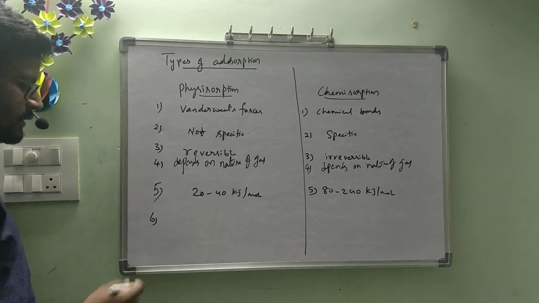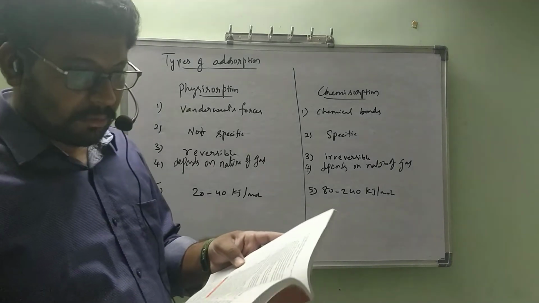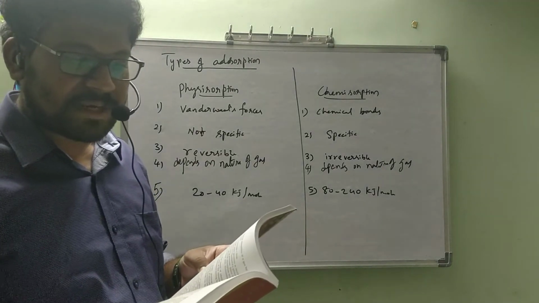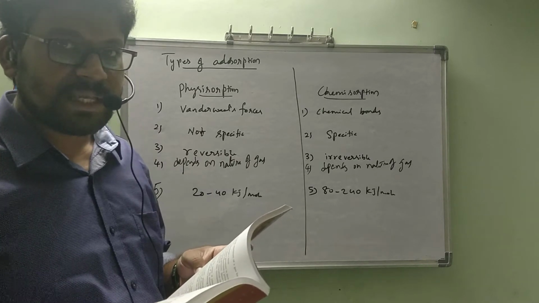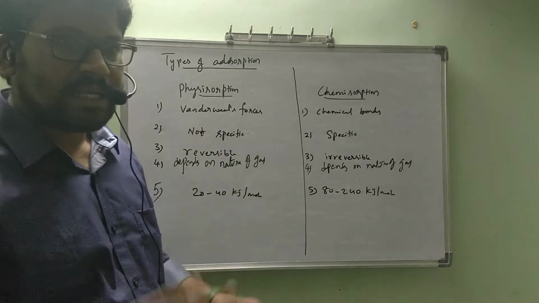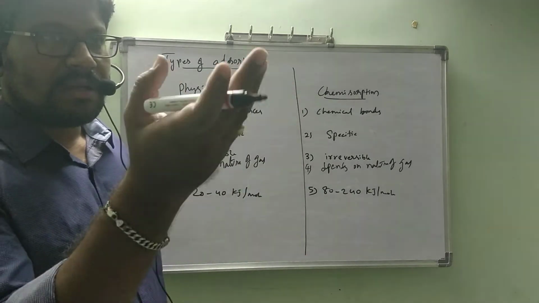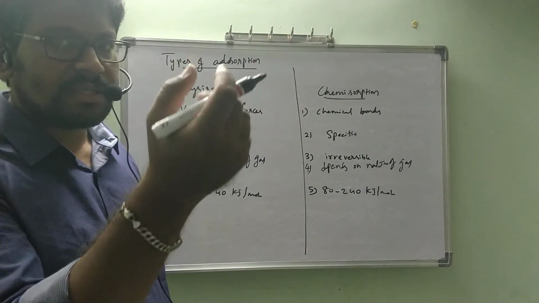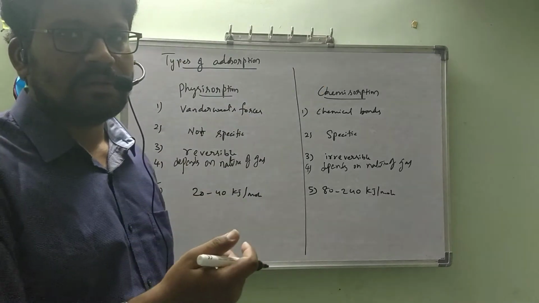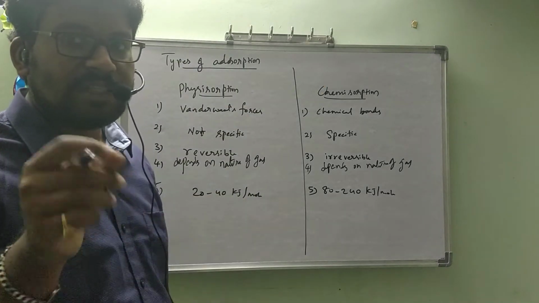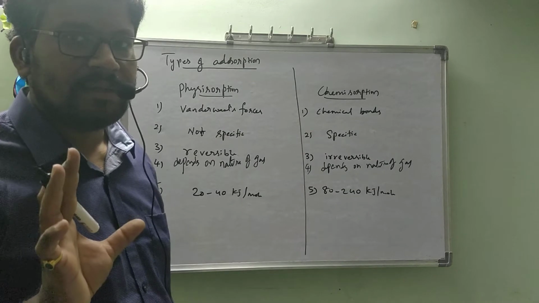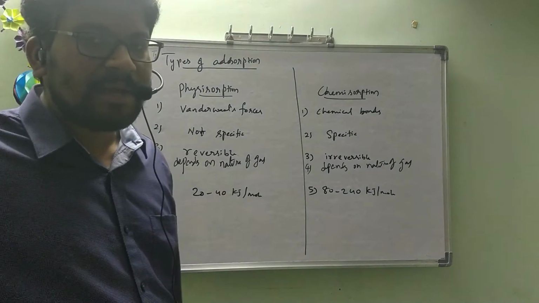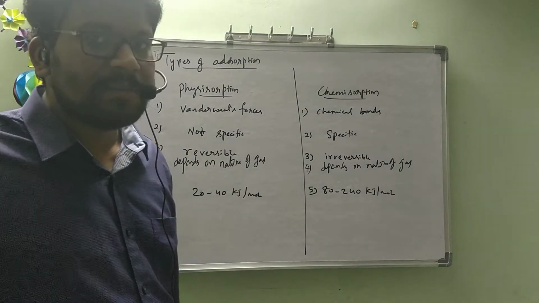Next, sixth one. Low temperature is favorable for physisorption. It decreases with increase of temperature. When we increase the temperature, the second or third layers of molecules will be gone out. At the same time, physisorption is preferred at low temperature, because at high temperature there might be conversion of physisorption into chemisorption.